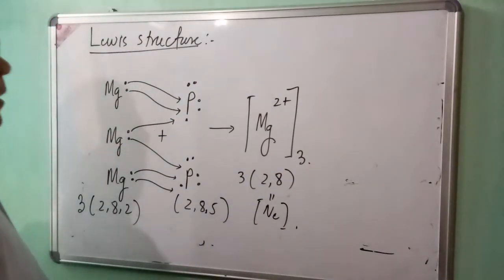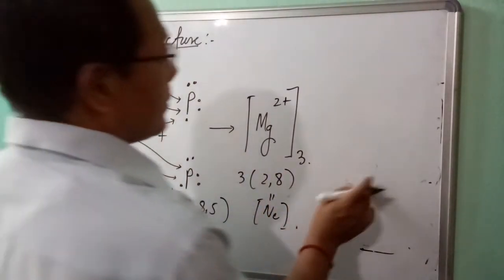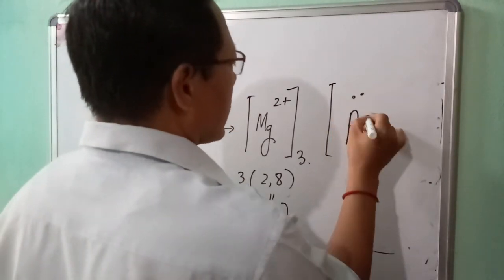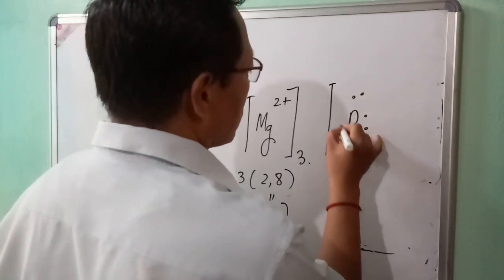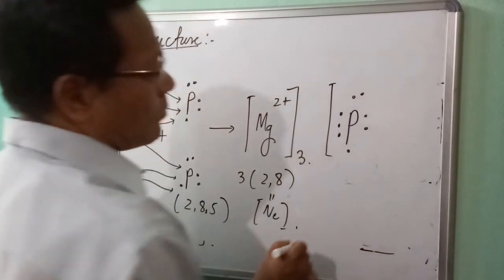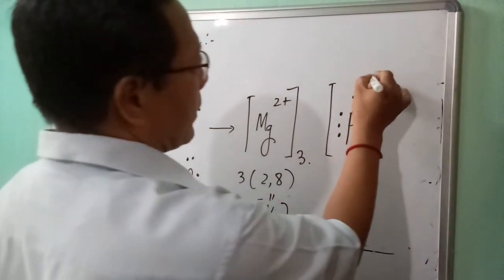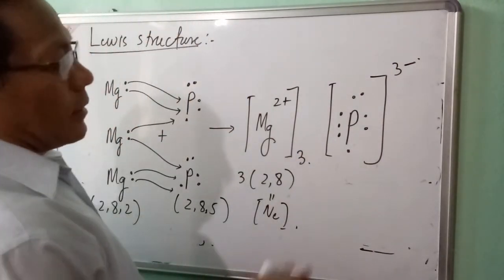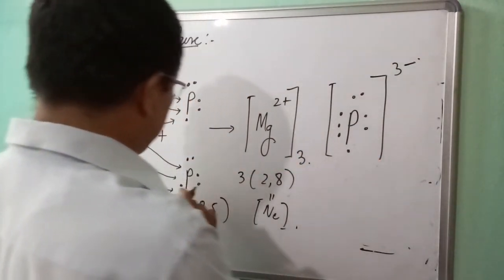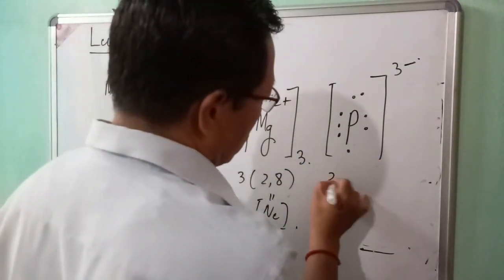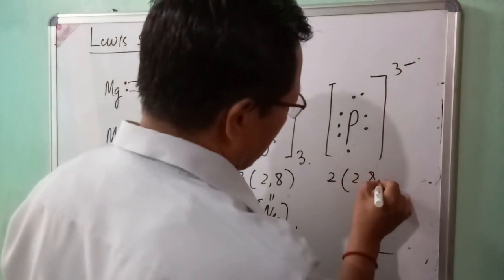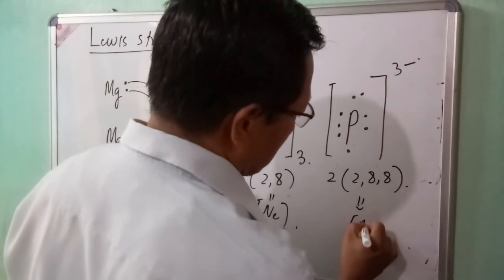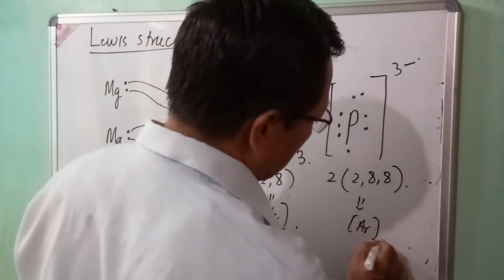Phosphorus will gain electrons to complete its octet, so each will carry 3 negative charges. Then 2 phosphide ions will form, and they get the stable configuration of argon. So these ions get stable configuration.